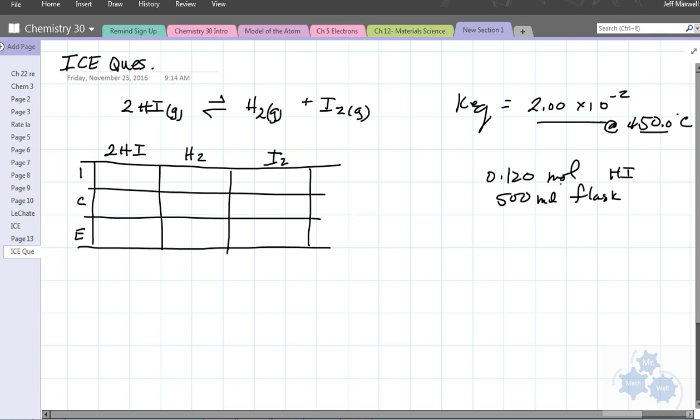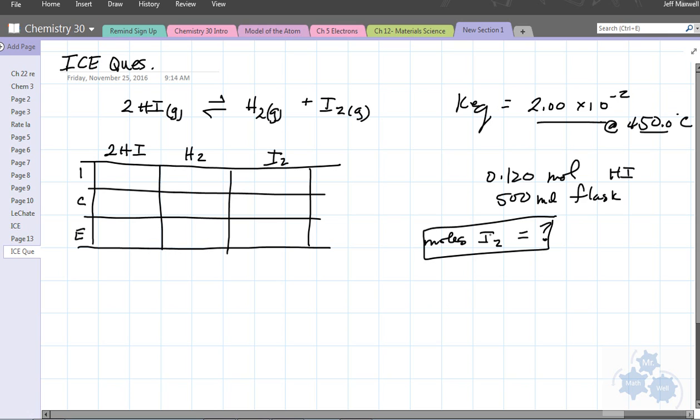Calculate the moles of I2 present if temperature remains unchanged. Okay, so what we want is the moles of I2. That's what we're looking for. Not concentrations of everything, just moles of I2. So just keep in mind what we're actually looking for. We're going to use the chart, and then we're going to come back to this.